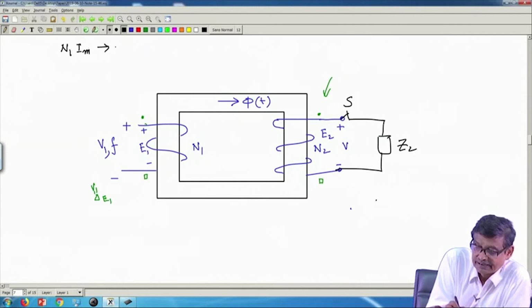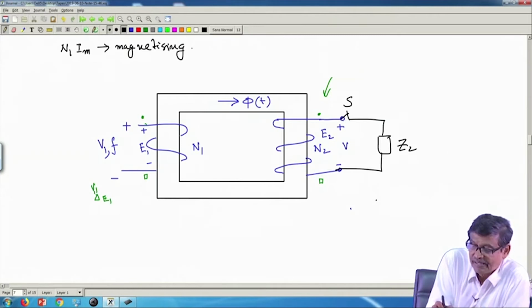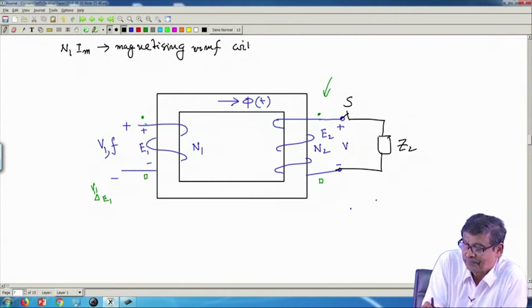is the magnetizing current, magnetizing MMF with S open.